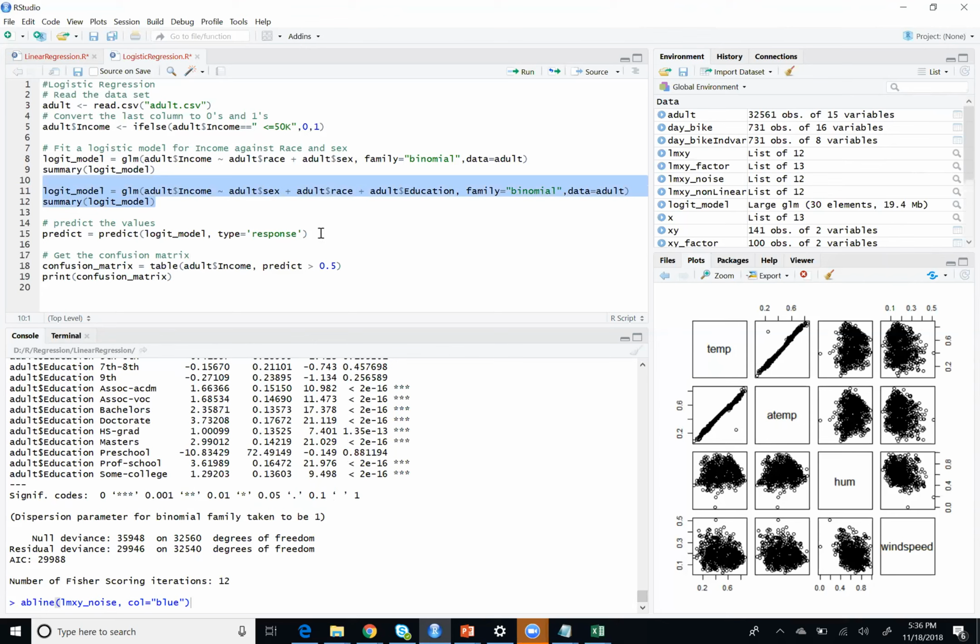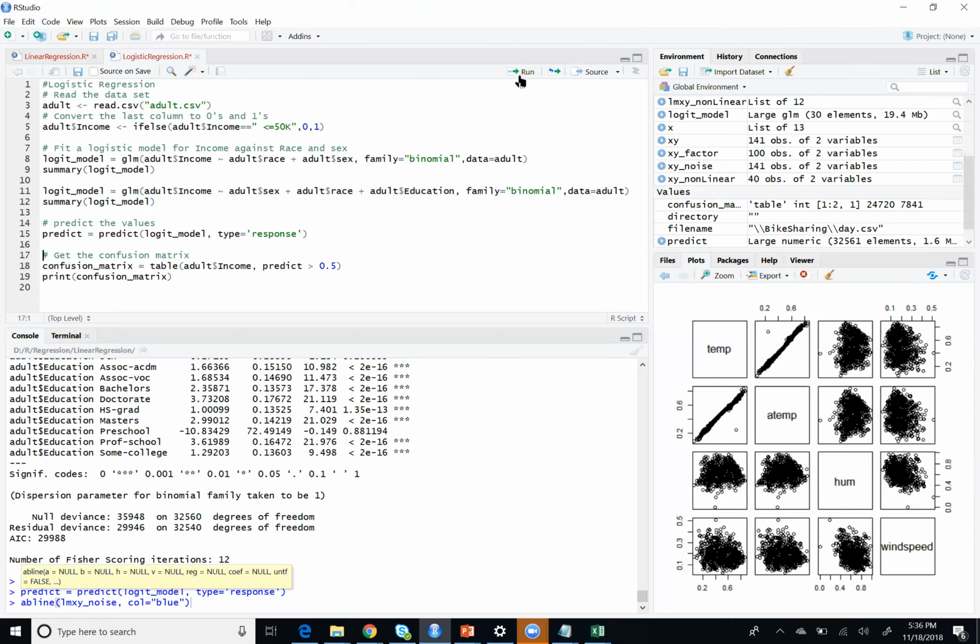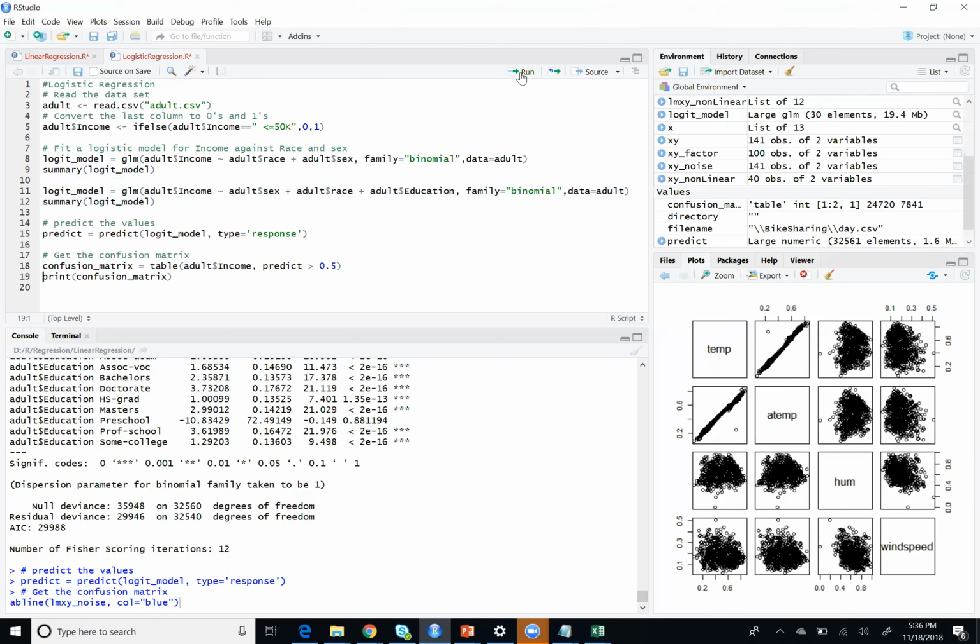The next step is we predict our output using these features. And then how do we determine the result? We need a threshold too, because in logistic regression, for the values which are not exactly 0 and 1, we have a threshold. I use a 0.5 threshold, and let's see the confusion matrix.